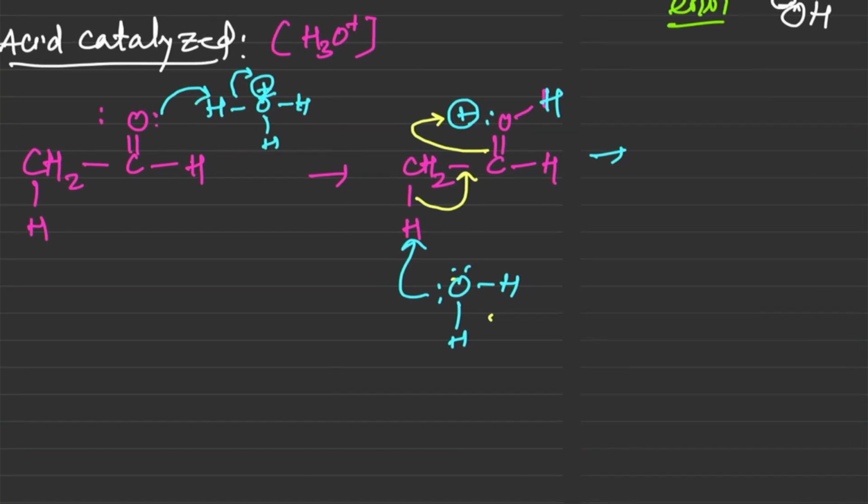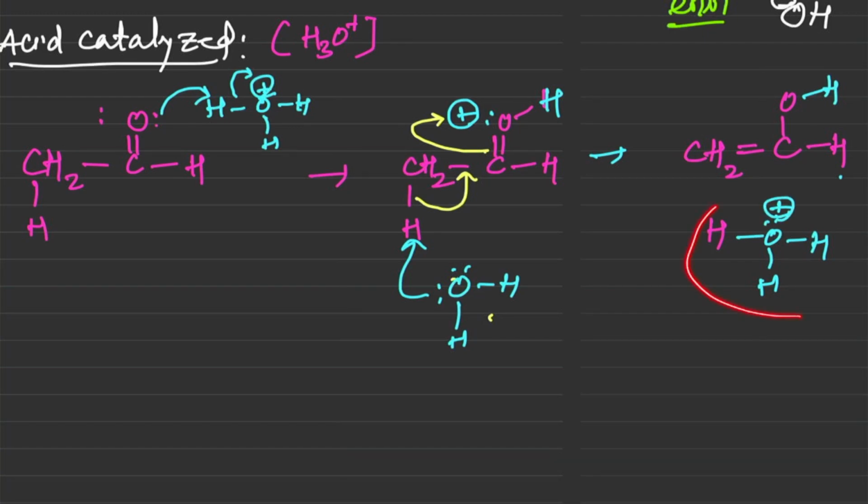So now you have CH2 double bond C, O, H, H, and then we got H O H H plus.